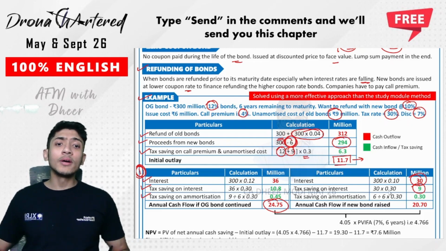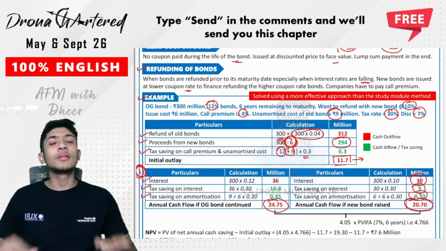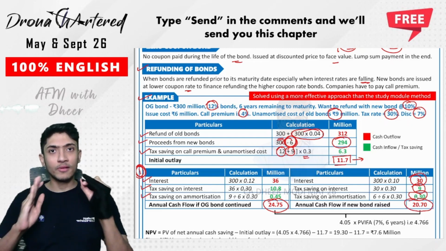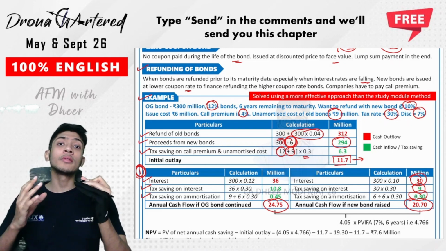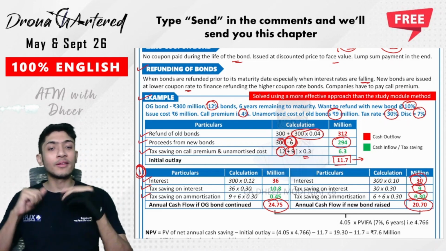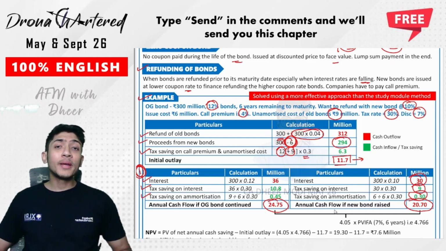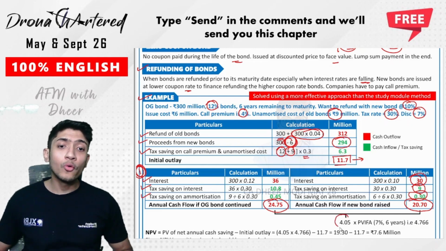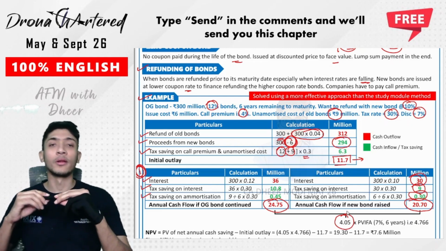So 6 million over 6 years multiplied by 0.3. So you get 0.3. So my cash outflow will only be 20.70 annually, versus if I continue with my old bond, it will be 24.75. So basically, I am saving 4.05 every year.